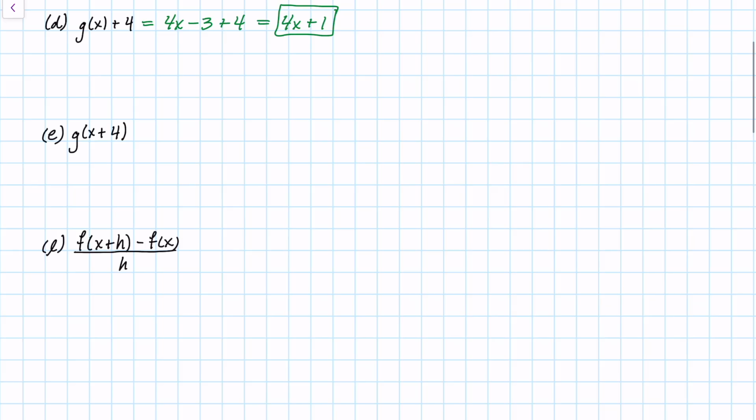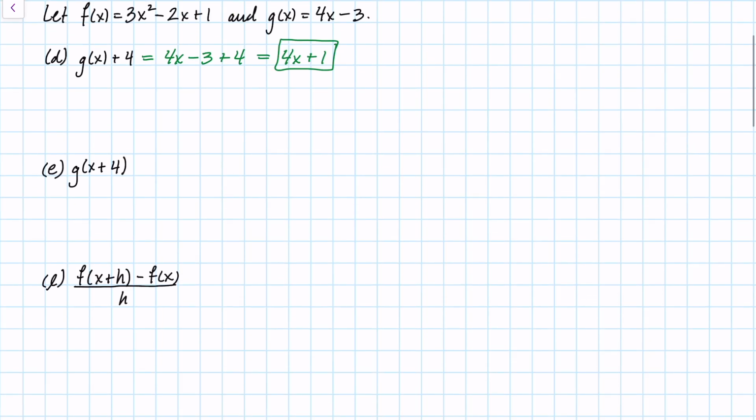Now the second problem is a little bit different because now the 4 is not being added to the output. It is being added to the input, g of x plus 4. Okay, so the way I like to think about this problem is imagine that your input is an empty box.